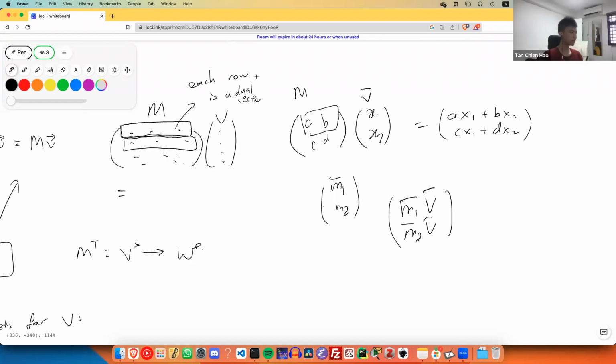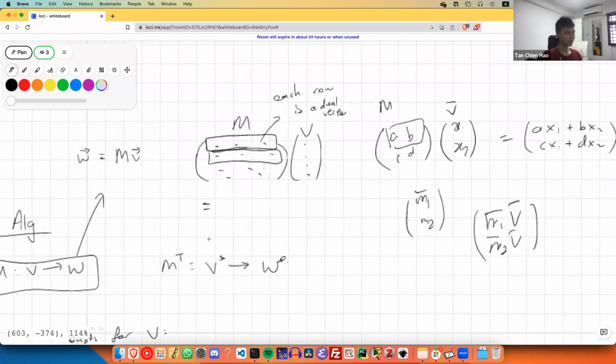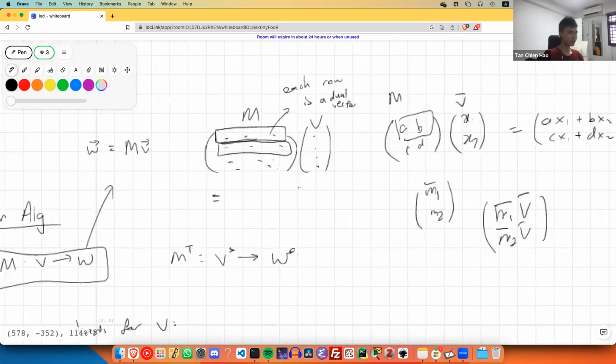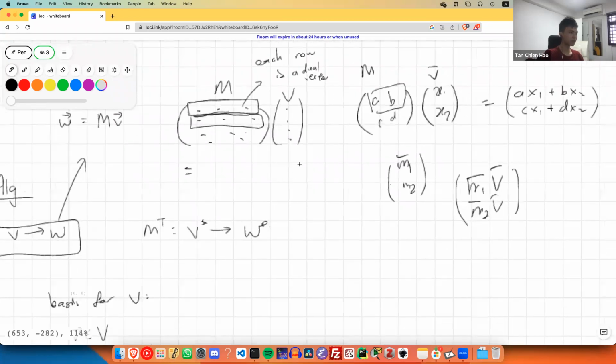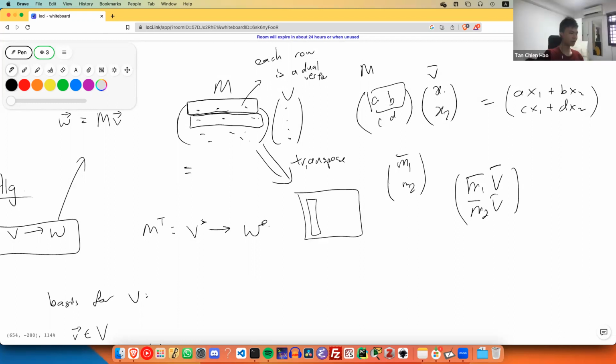So with that, if each row is a dual vector, let's see how that relates to M transpose. If we do transpose on a matrix, each row becomes a column, and each column becomes a row. So our row vectors become columns.